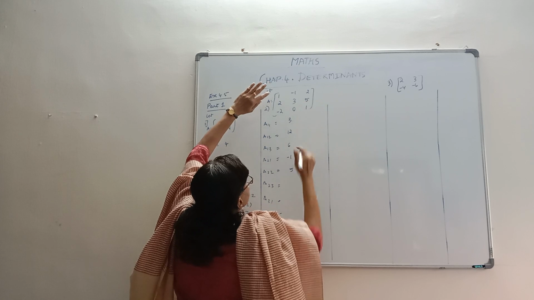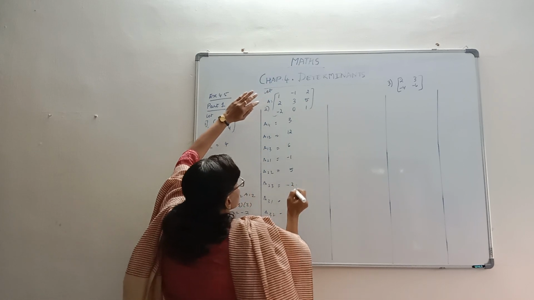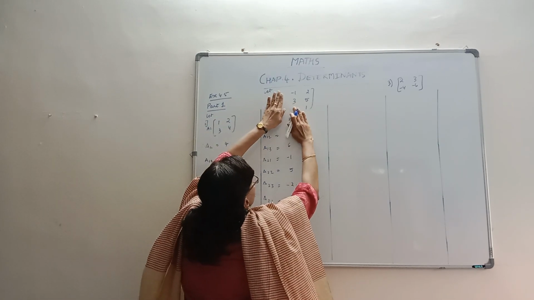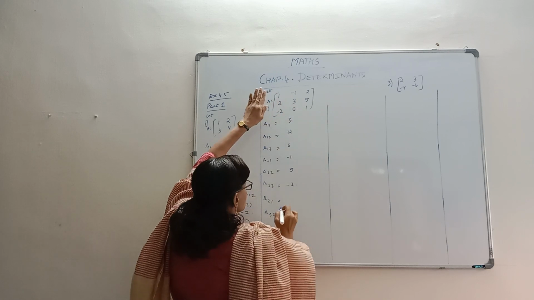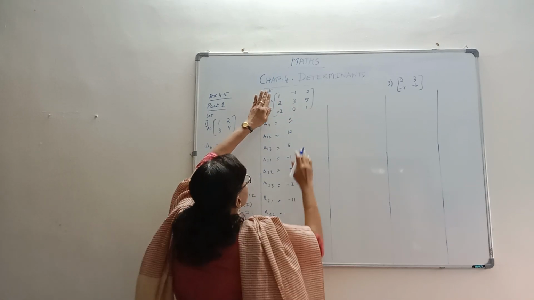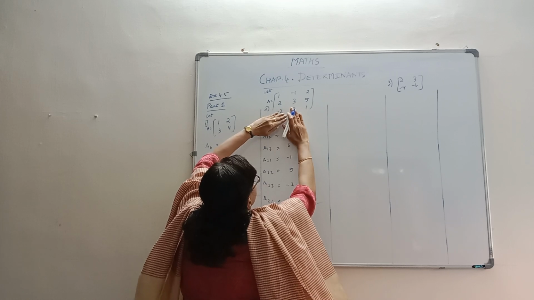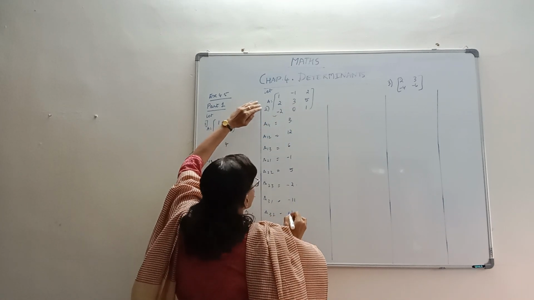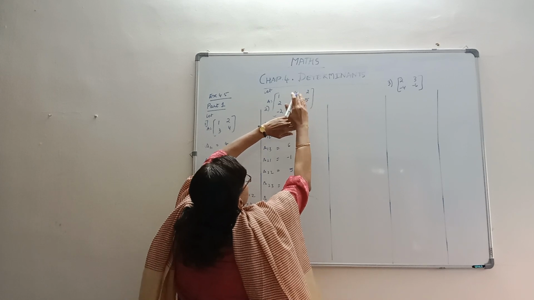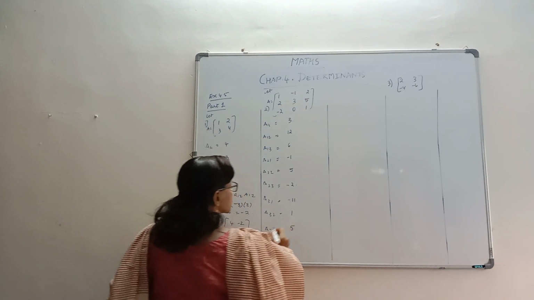A23, 2 minus 2. A31, minus 5 minus 6, minus 11. Then it is 5 minus 4, it's 1. Then A33, it's 3 plus 2, 5. Now let's put the signs.